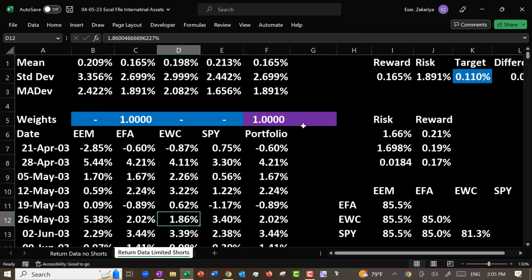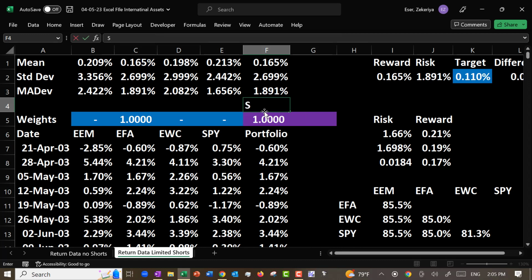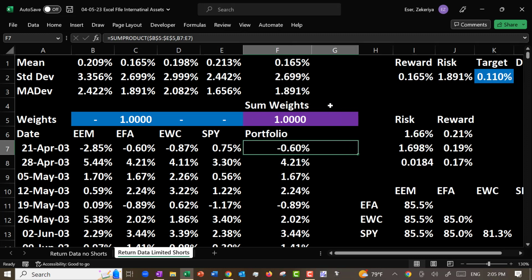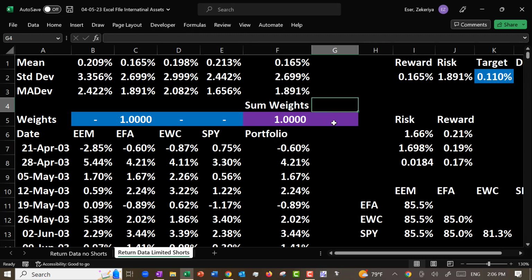This is some weights. I'm gonna put in some negative weights. Let's do this. Sorry.